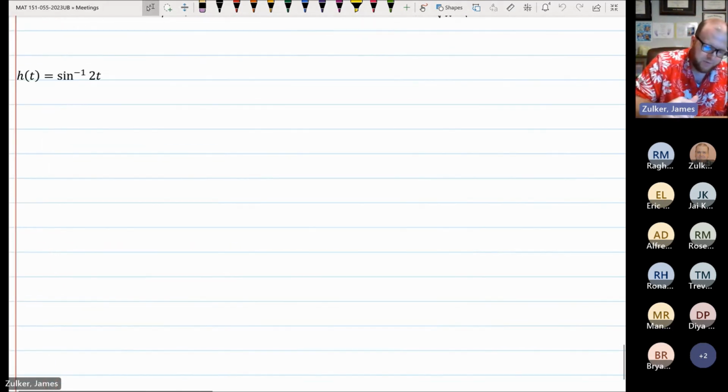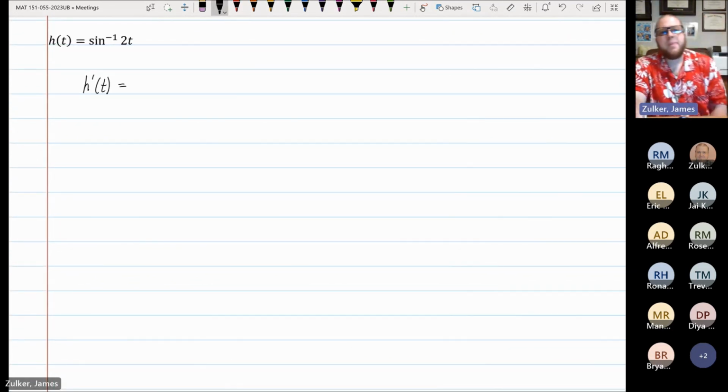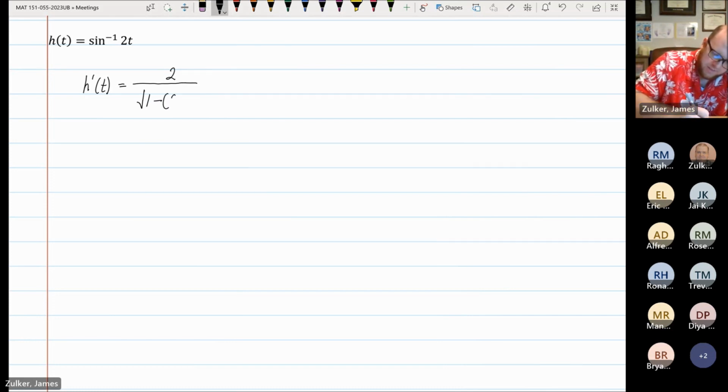Right, so what we want to do is find the derivative of each of the functions. H prime. So it's u prime, which is 2, over the square root of 1 minus u squared.